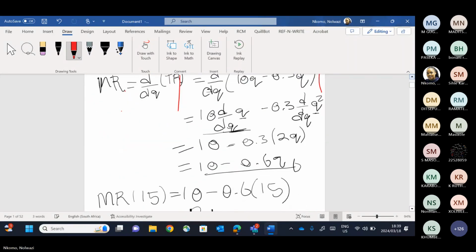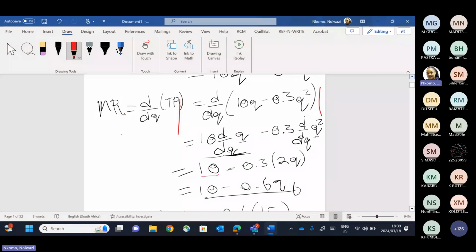That's why here I just said 10, because I assume you have mastered the rules of differentiation by now. We even did the tutorial on these rules. The reason I stayed so much on that topic is because I knew we were going to use it in all the remaining chapters.